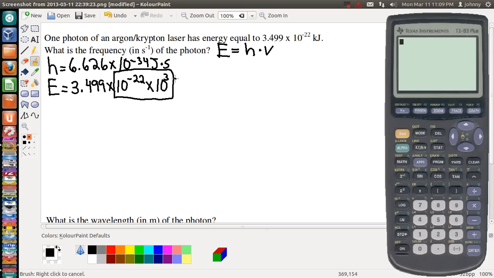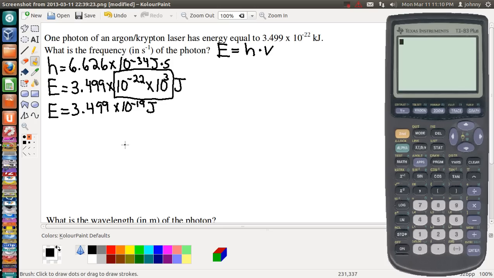So really then, this energy that we have here is E equals 3.499 times 10 to the negative what? Well, negative 22 plus 3 is negative 19. So it's negative 19 joules.